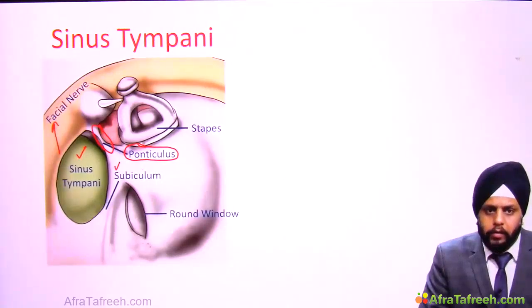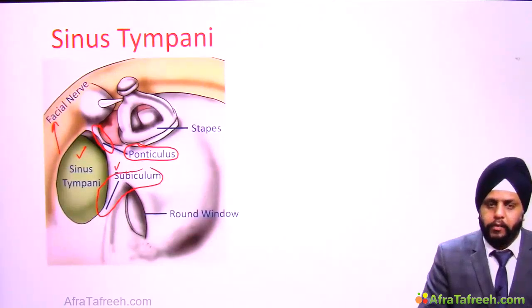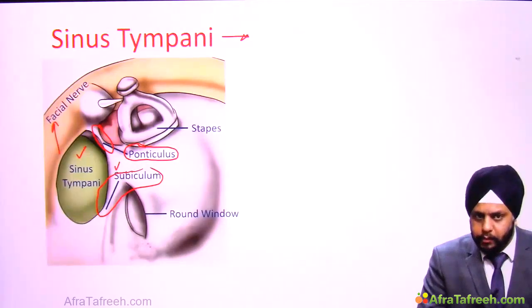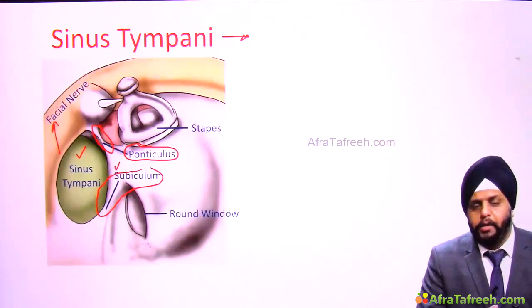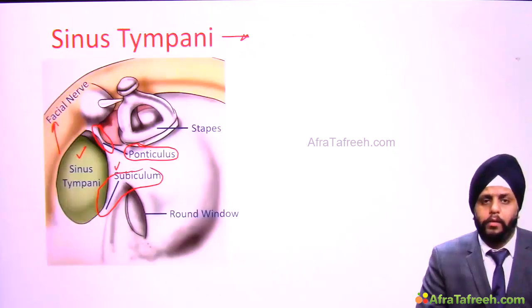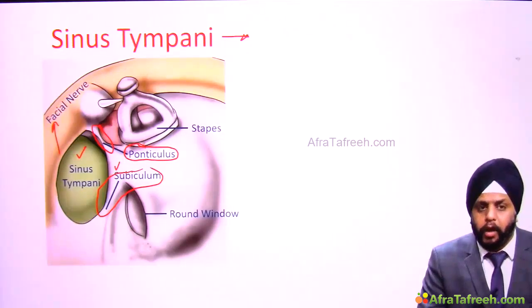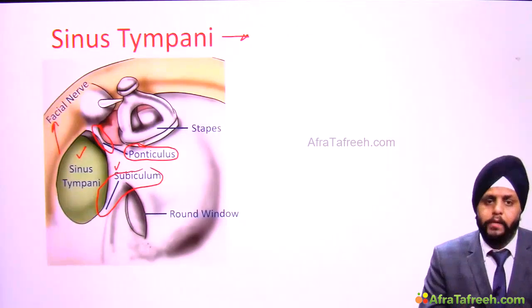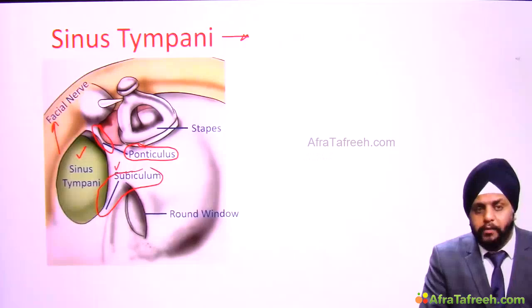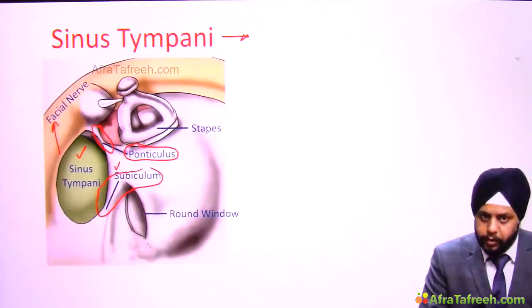And the inferior boundary is the subiculum. As I told you, the sinus tympani is a blind recess. Okay, and this is therefore the most common site for recurrence or residual cholesteatoma. What you cannot see, you cannot remove the disease from there. So if the disease is in the sinus tympani, it becomes very difficult for a surgeon to remove it.